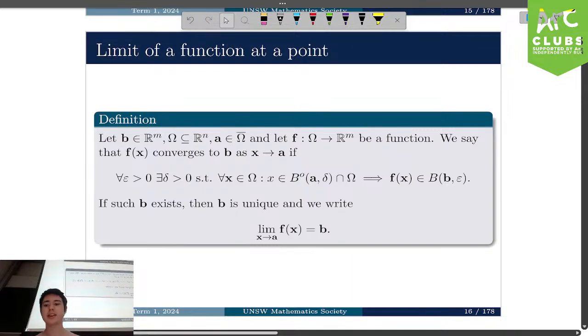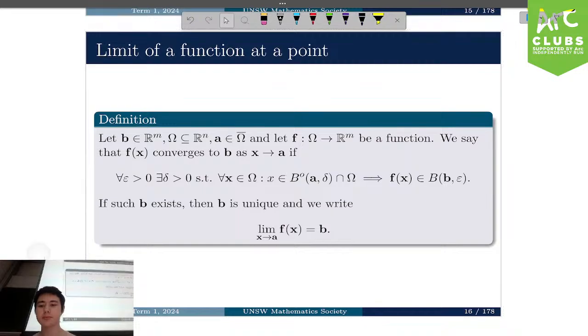Well, for every epsilon, there exists some delta such that given x is within some distance to some point inside my domain, my function of all those points exists within another ball around the result.